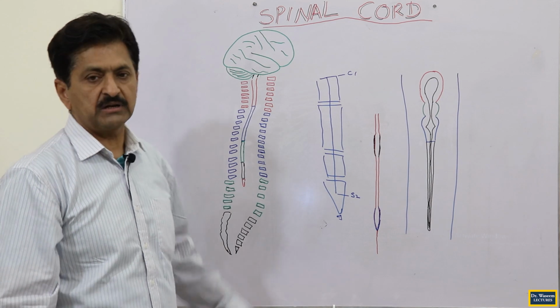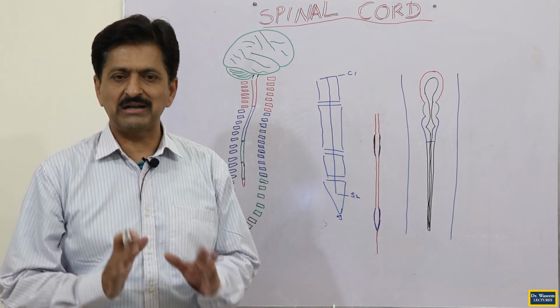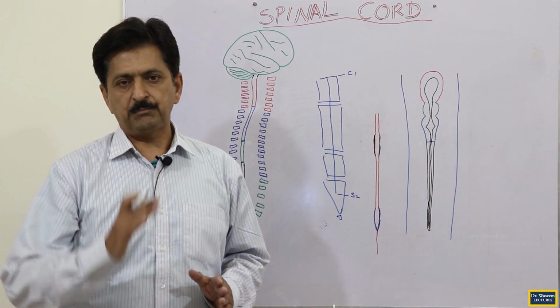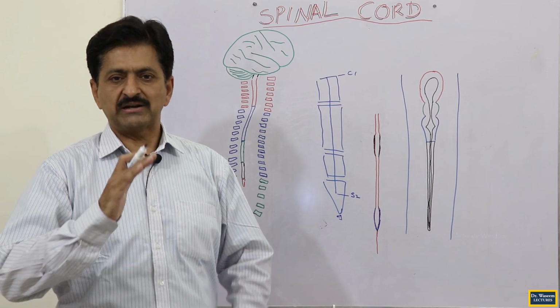This is the extent of the spinal cord as far as embryonic development is concerned: from the upper border of C1 until the lower border of S2, that is sacral 2.